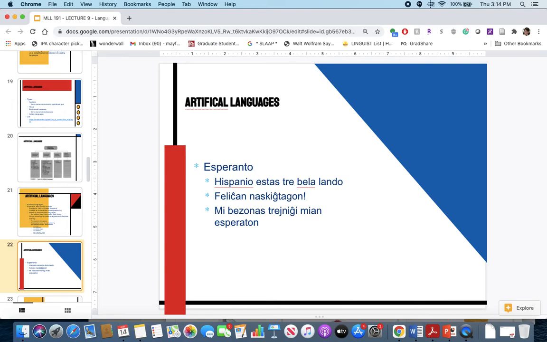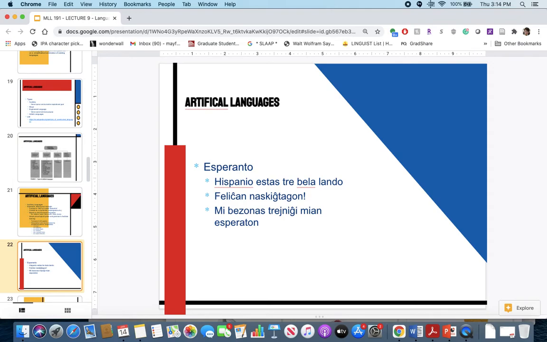So here's some examples. Hispanio estas tre bela lando. So you can kind of guess what this means. I think it means Spanish is a very beautiful language. Or Spain is a very beautiful land. That's probably better. Spain is a very beautiful land. Felican naskiĝtagon. I think this means happy birthday.